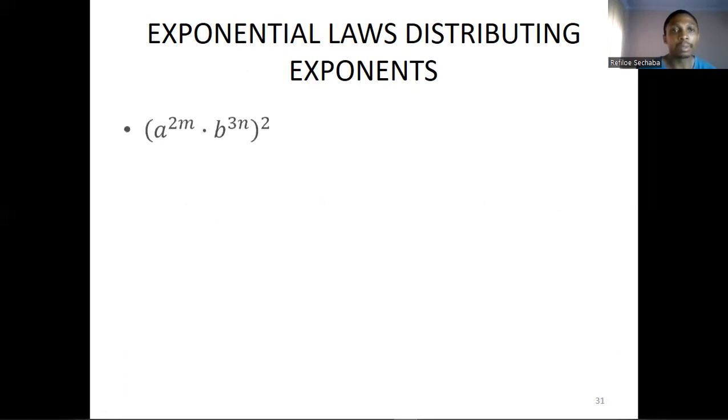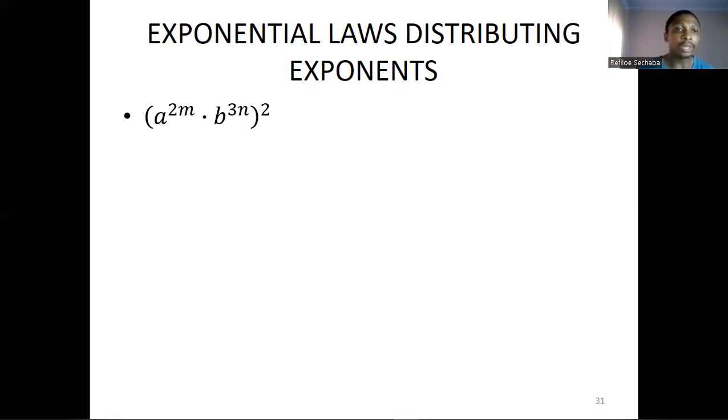All right. Let's check this out. How many exponents do I have inside the brackets? And by the way, am I allowed to even distribute? Tell me, why am I allowed to distribute? I am allowed to distribute because the bases inside the brackets are linked by multiplication. If they were linked by subtraction or addition, I wouldn't be allowed to distribute.